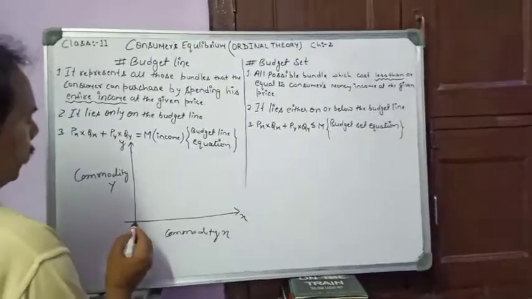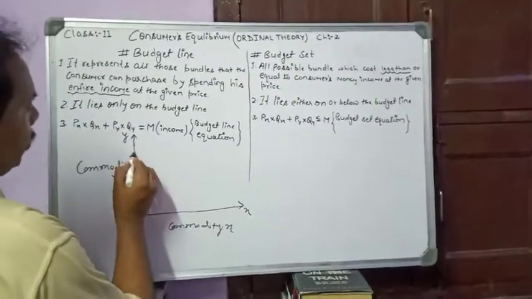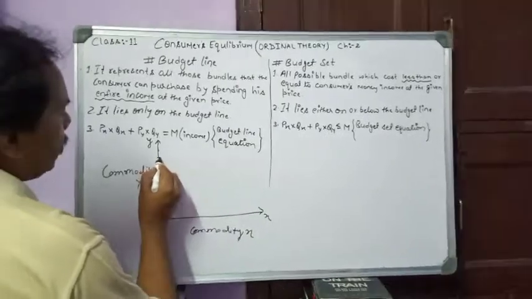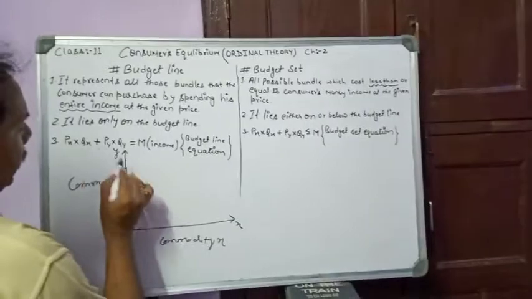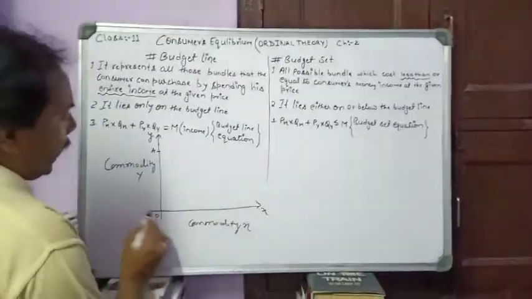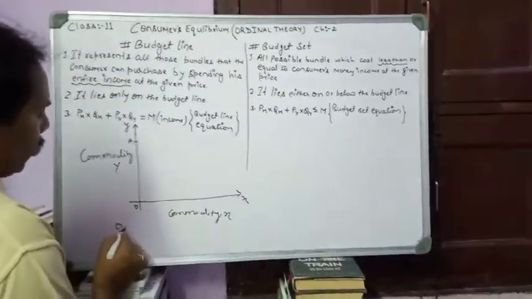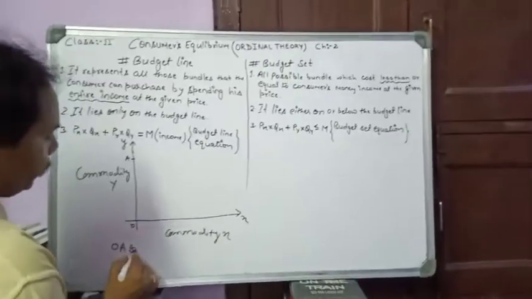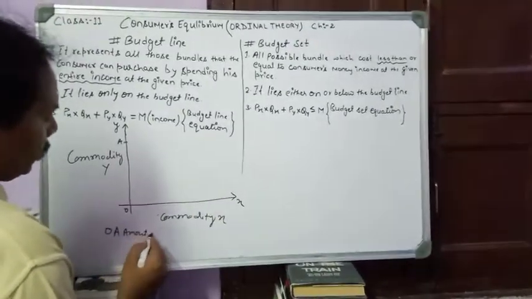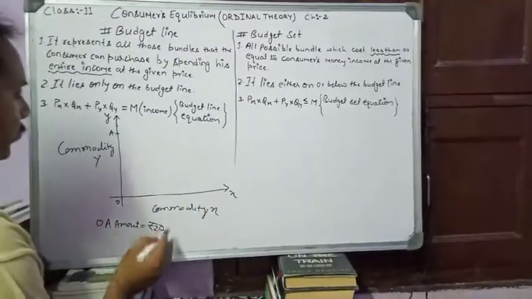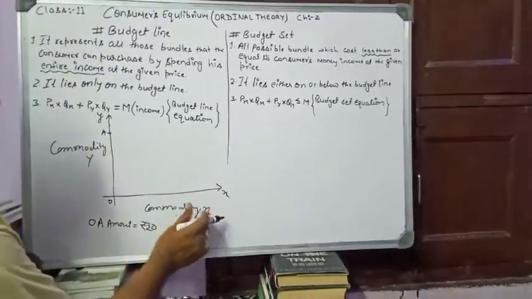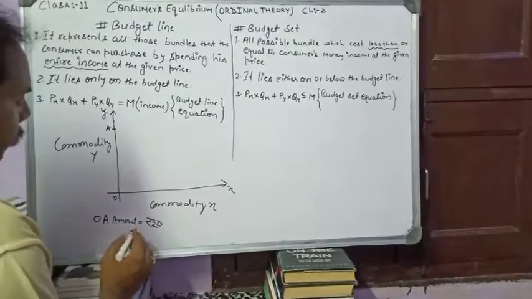If he is ready to buy only commodity Y, he takes this much amount, that is OA, equal to rupees 20, so commodity X will be 0.